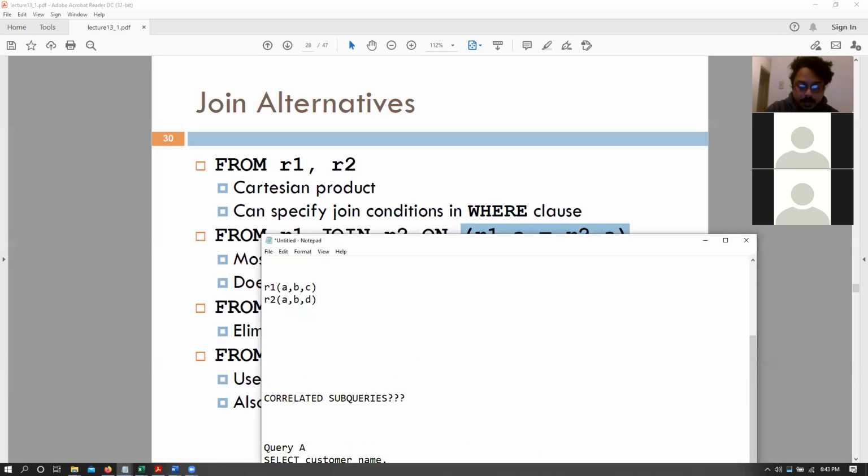So if we perform a natural join, can you guys tell me out of A, B, and C, which of the attributes will be used to correlate these two tables? Will it be just A? Will it be A and B? Will it be ABC or just B or just C? Which attributes will we be using if we performed a natural join between R1 and R2?